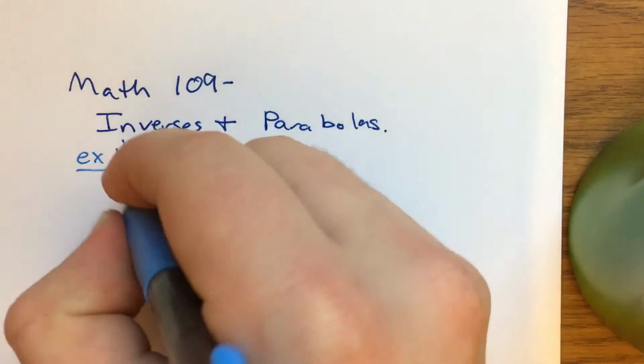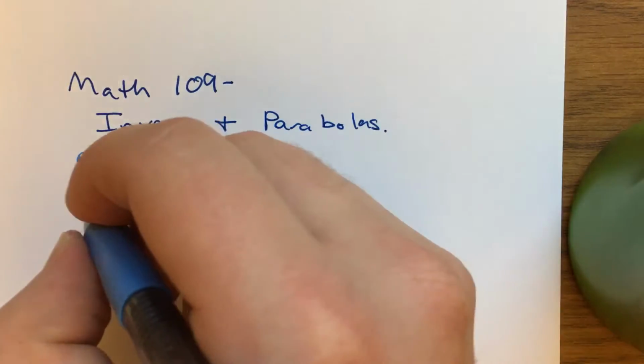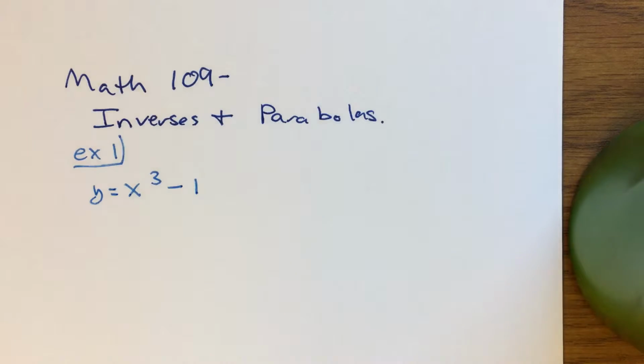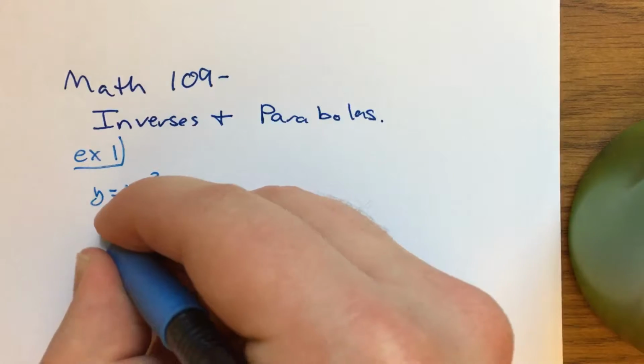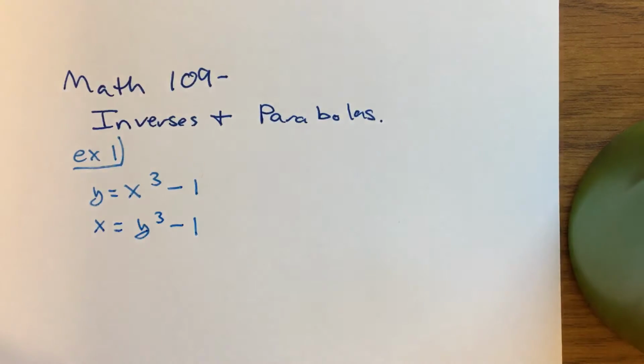How about x cubed minus 1? Nice example, right? Okay, so what we do for inverses, the first step, you exchange the x and the y. So then you're going to get x is equal to y cubed minus 1. And let's solve for y.